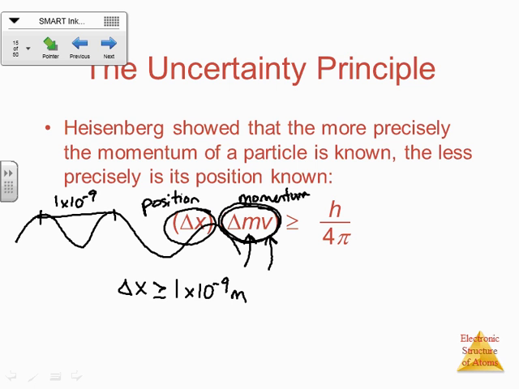But if we shoot higher energy waves at it, with a wavelength small enough that we could actually pinpoint the actual location of the electron, then we're going to move the electron just by doing that, because we're hitting it with so much energy. When the electron is small enough, it's affected by those higher energy photons, and it moves. So as soon as we know where it was, we don't know where it is anymore.